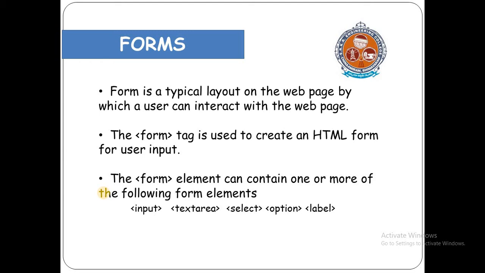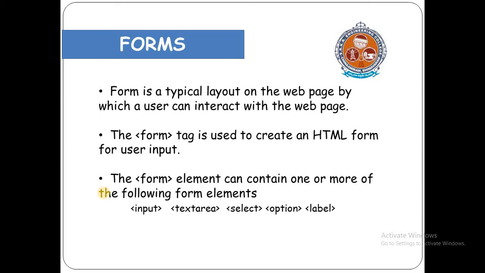The main use of a form is to send information to the server. It is nothing but a layout of the web page. If we give the information and click on any button, it will send the information to the server. The main tag we are using is the form tag.